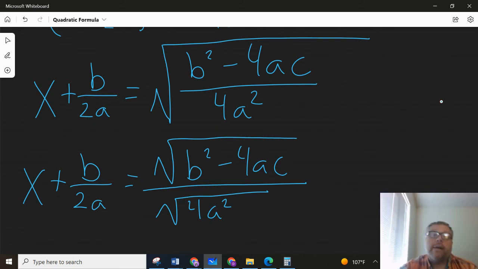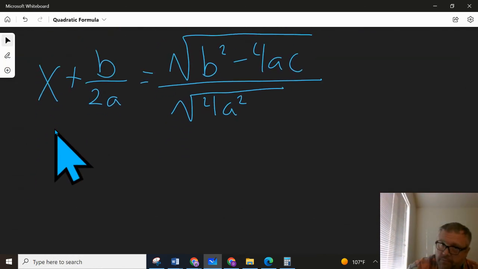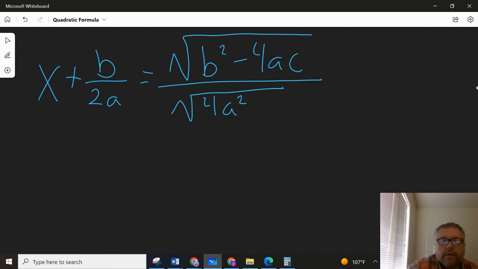And that works out pretty nice because I have a product down here. This radicand is a product, 4a squared. 4 is a perfect square, I can take the square root of that, as well as a squared. I don't know what a is, but I know what the square root of a squared is.